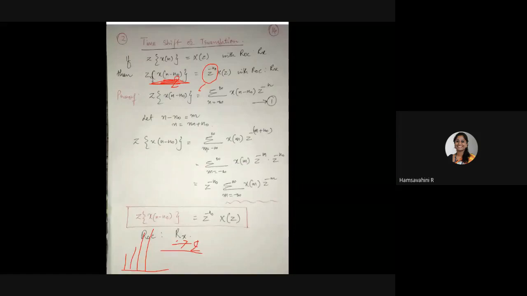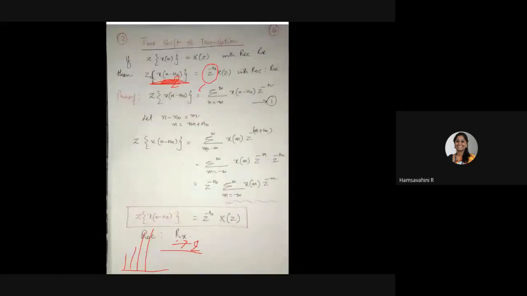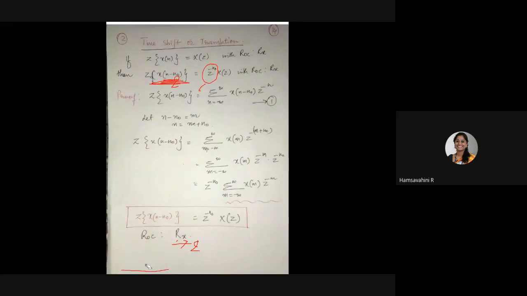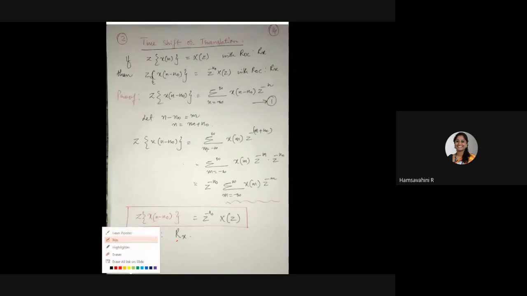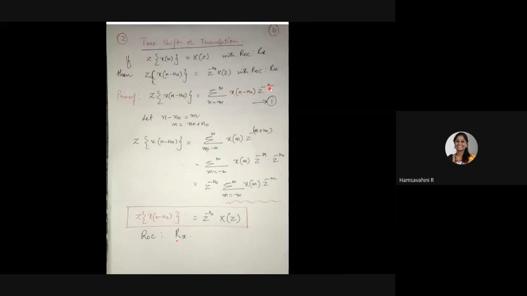Z transform of x of n minus n naught is summation n equal to minus infinity to plus infinity x of n minus n naught into z power minus n.